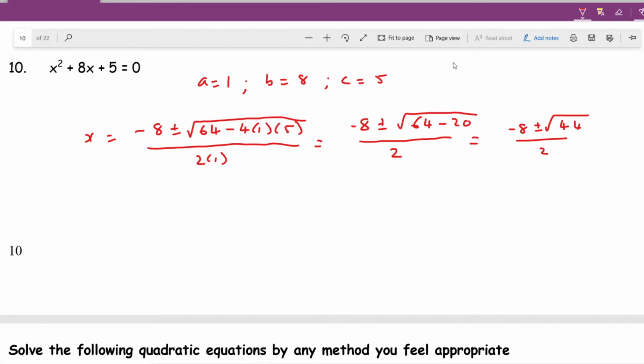Now again, root 44 can be split into root 4 root 11, which is the same as 2 root 11. So I can replace this with minus 8 plus or minus 2 root 11 all over 2, which can be put as minus 4 plus or minus root 11.